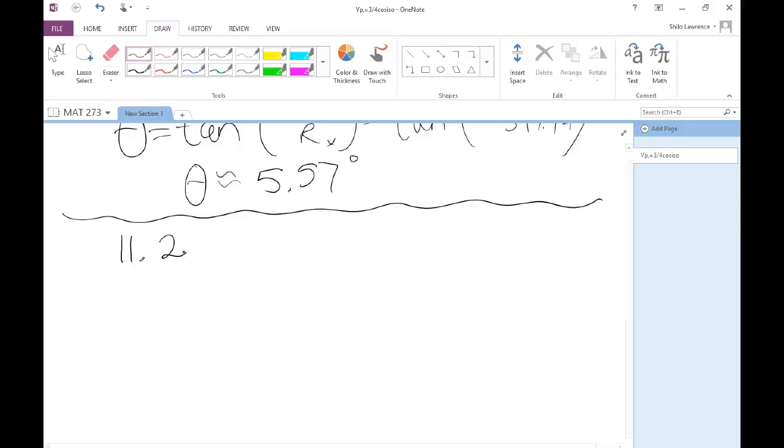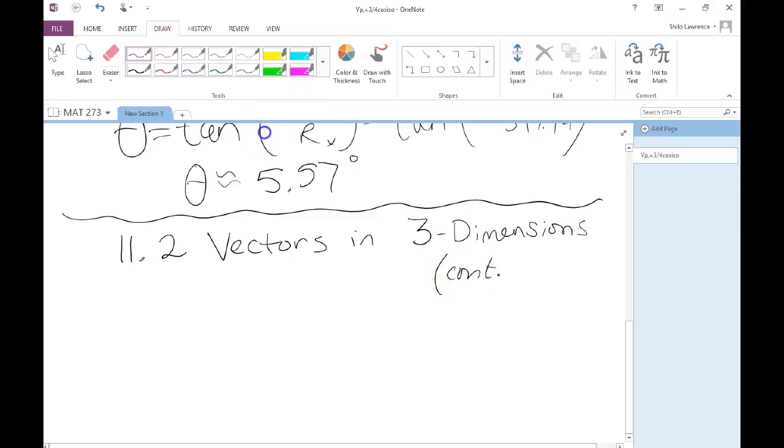We did not get a chance to do any examples, though, from 11.2. So our 2-dimensional formulas easily extend into 3 dimensions.